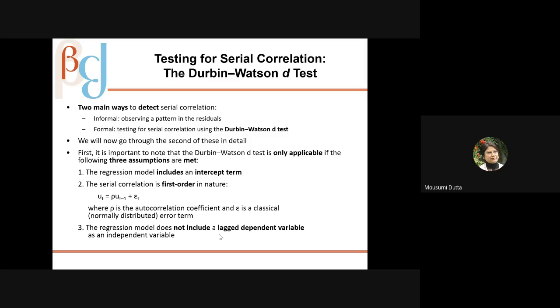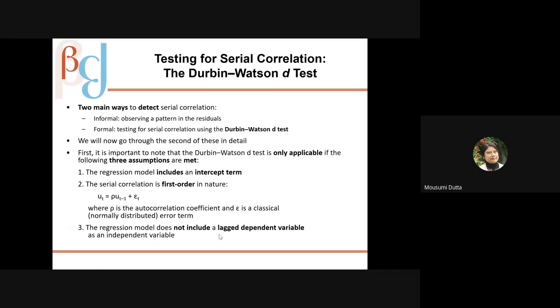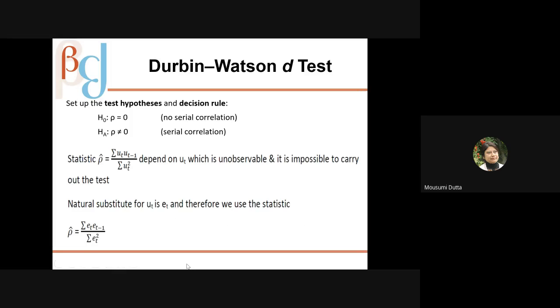And there should not be any yt minus 1 or yt minus 2, etc. The null hypothesis is rho is equal to 0 vis-a-vis rho not equal to 0. If rho is equal to 0, in that case, ut is equivalent to epsilon t. So the error is a classical error.